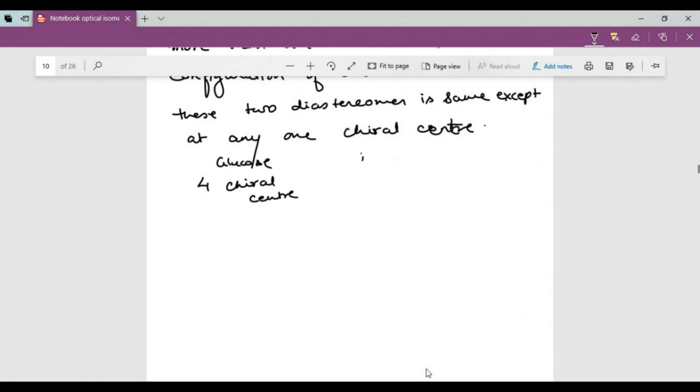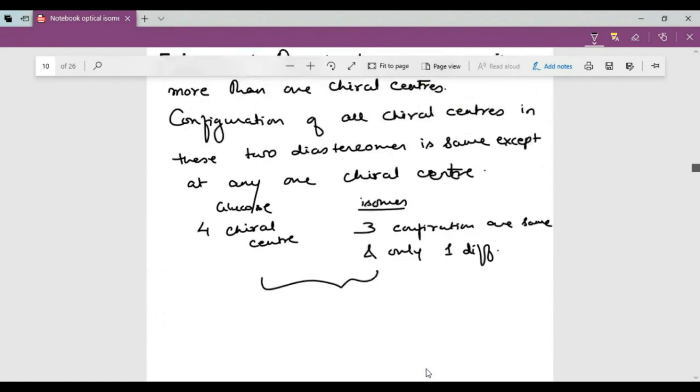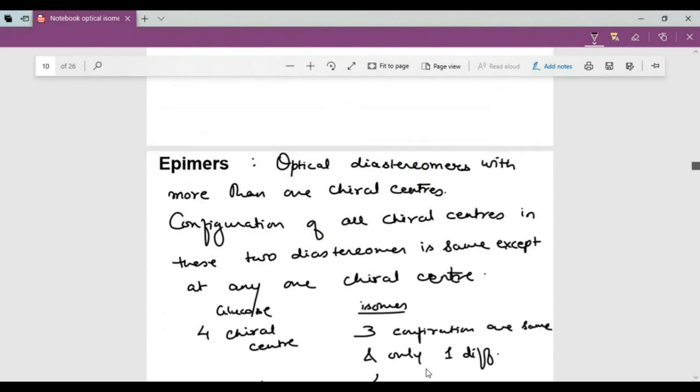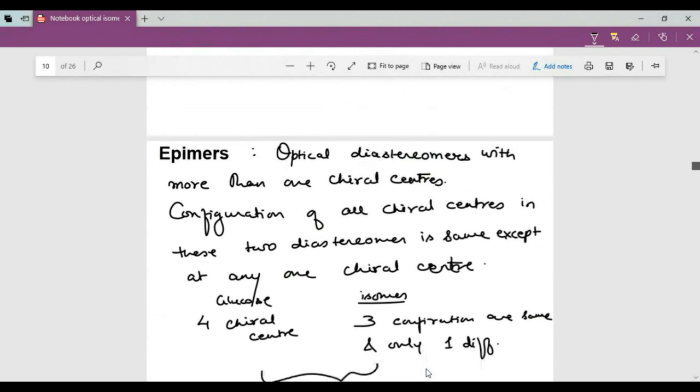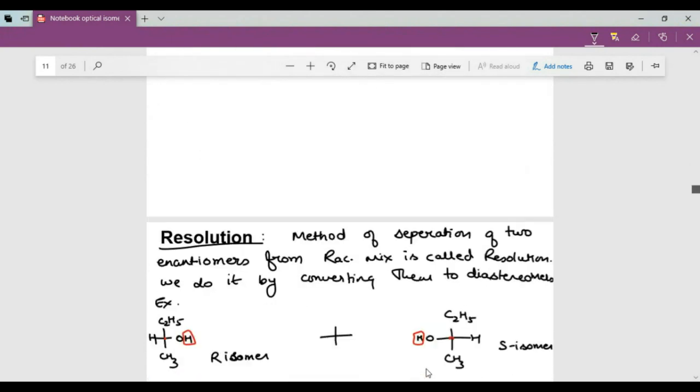If I have another isomer in which three configurations are the same, and there is no condition on which position it should be, it could be any position, any place, but if three are the same and only one is different, then they are called epimers of each other. So they are basically diastereomers only, they are not mirror images, but the difference is only at any one chiral center. That is the only specific thing.